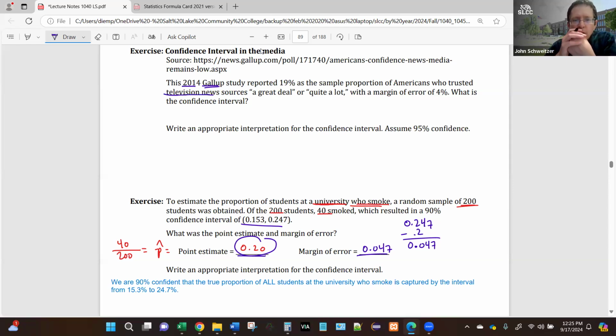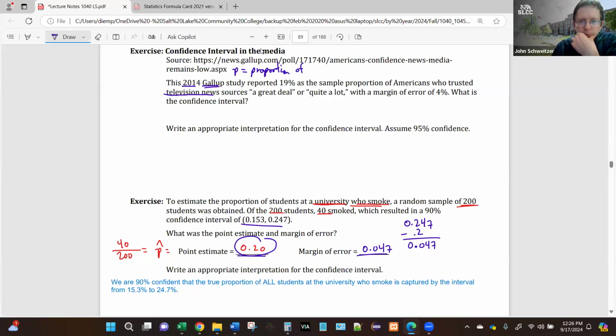They asked people, do you trust television news a great deal or quite a lot? Basically, either you do or do not have a lot of trust in television news, so it's categorical.